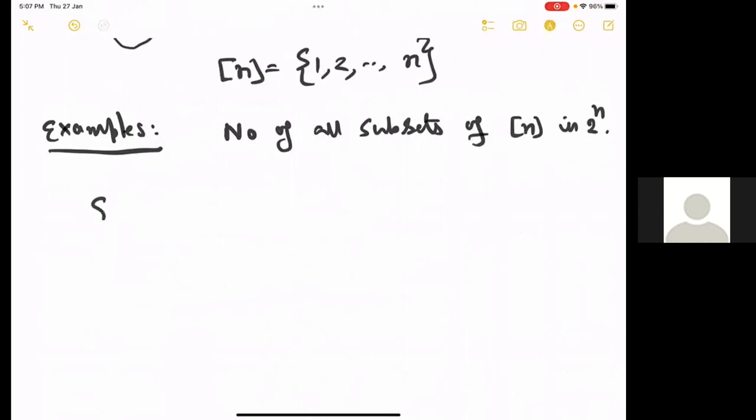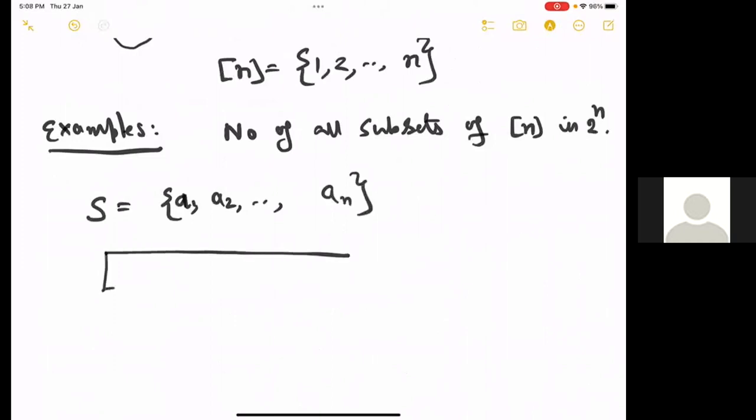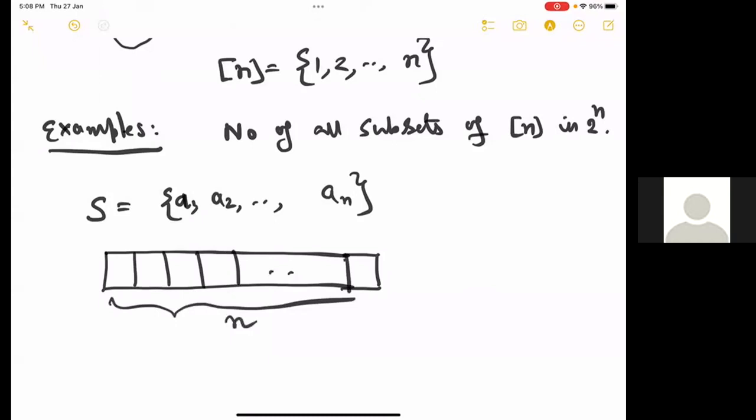So let's say S is a set. Rather, I can write any set like a1, a2, ..., an, and I arrange a space. People who have seen programming, this I would simply call an array. So this is an array of length n, and there is a box here, and this box you can fill up with either 0 or 1.